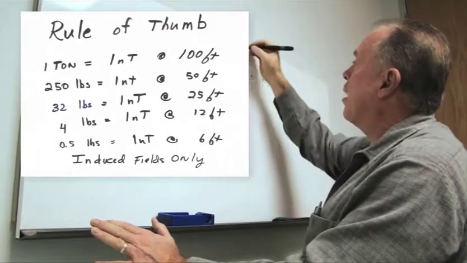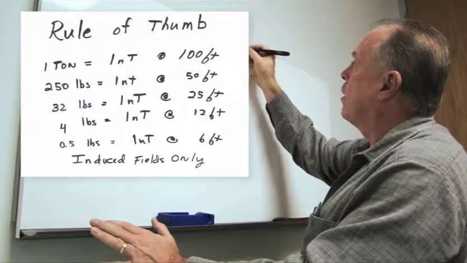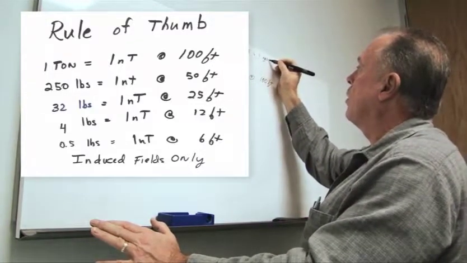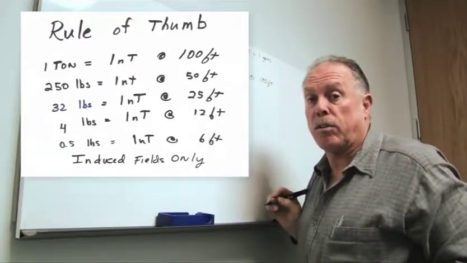Now, 100,000 nanoteslas equals 1 Gauss. And 1 Gauss is basically the strength of the Earth's magnetic field.